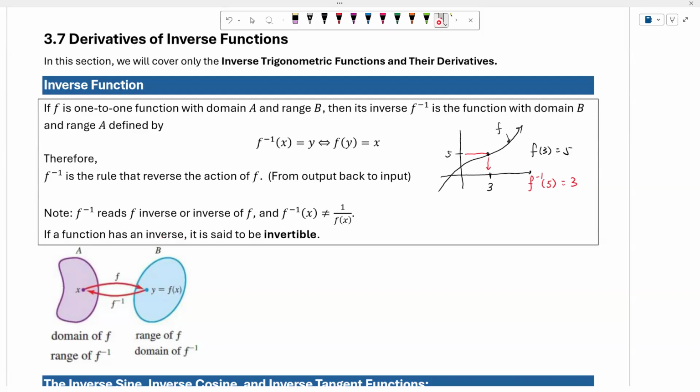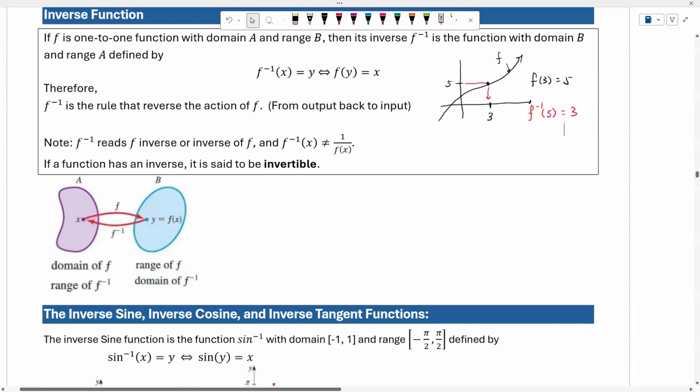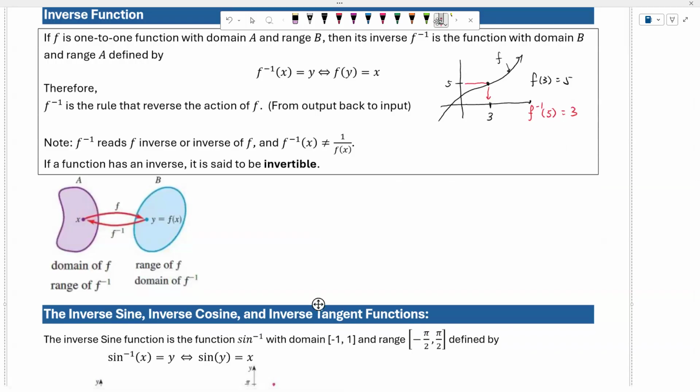And if a function has an inverse, it is said to be invertible. Now, let us look at the map diagram, which shows how we map the input and the output. If x is the input of f, we go from A to B through the f function, and the output is f of x.